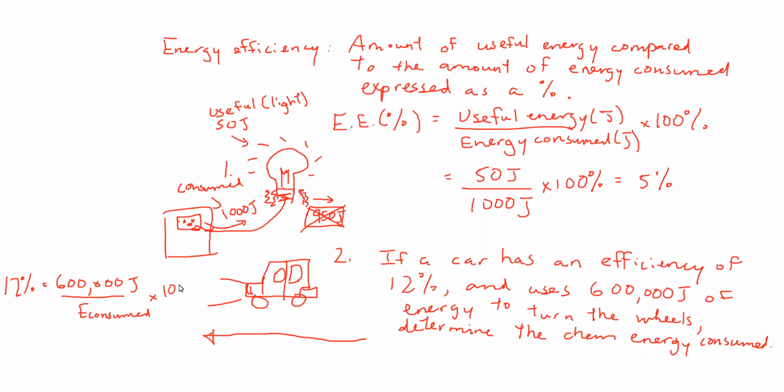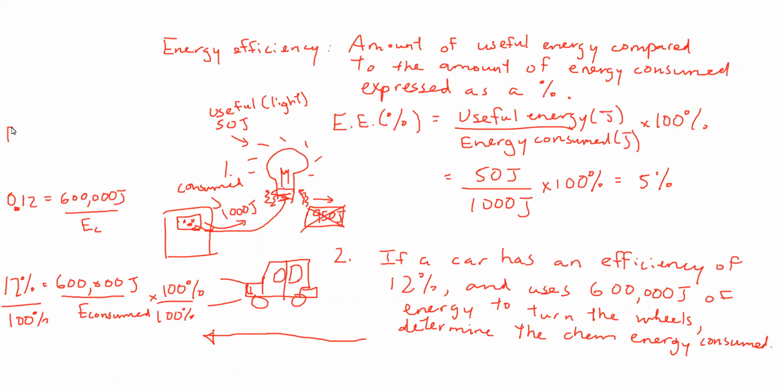Well, it's just a simple isolation of this particular variable. I'm going to divide both sides by 100%, and I end up with 0.12 equal to 600,000 joules over EC.